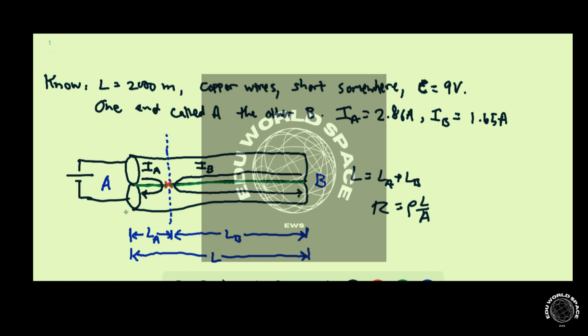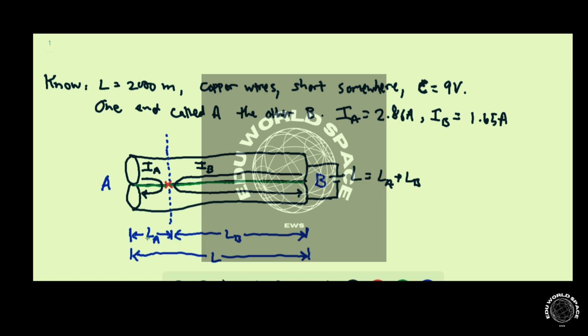Now if your battery is disconnected from here, so let's disconnect the battery, and now the battery is connected to this side, your 9-volt battery, then your current will flow in this particular fashion. And it won't flow through this end because this end is now open, right? This is the only point of contact because there's insulation throughout the rest of the wire.